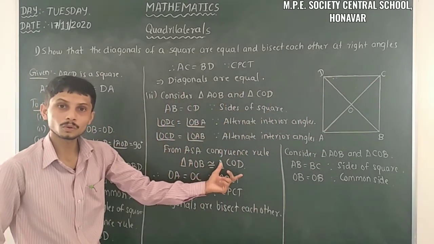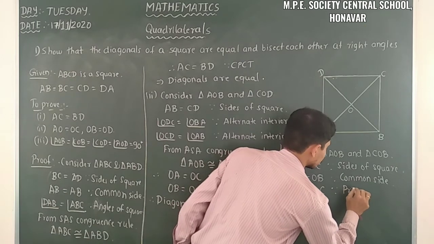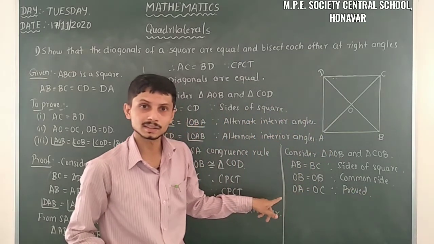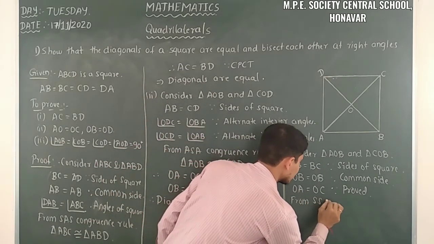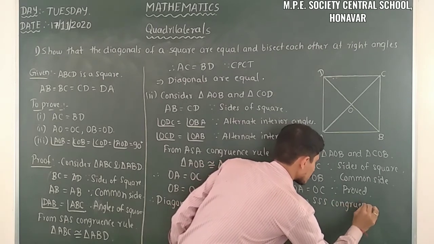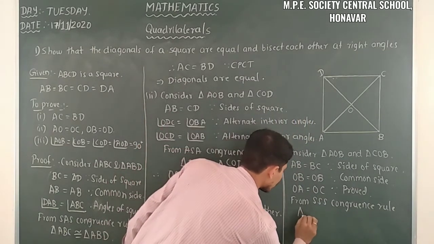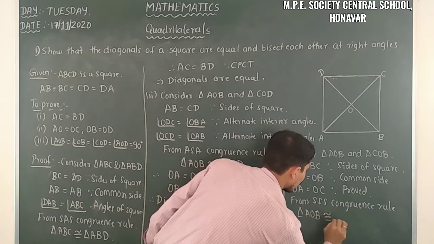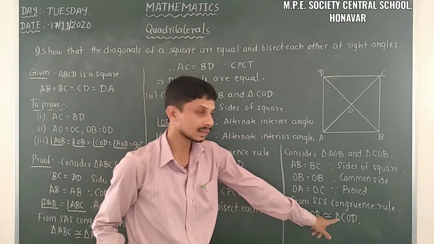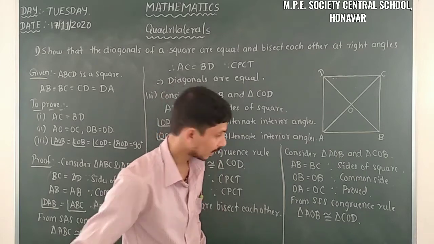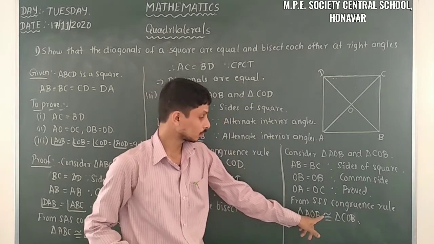So we have three sides equal, and from the SSS congruence rule, triangle AOB is congruent to triangle COB.